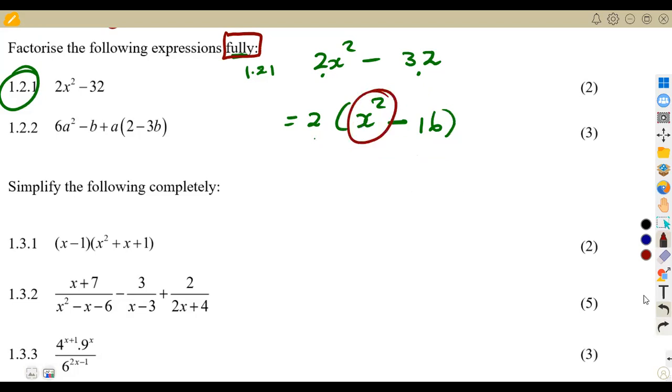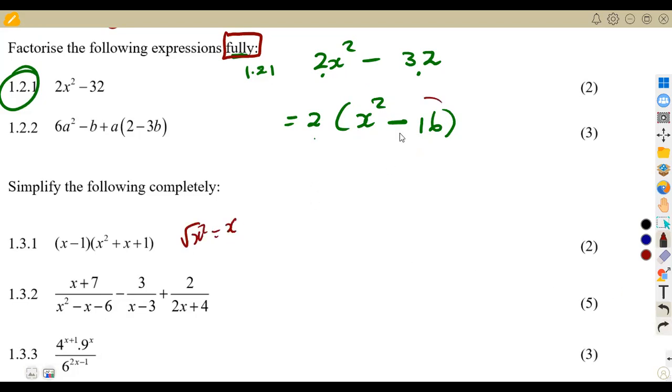X squared is a perfect square, 16 is a perfect square. So whenever you've got a negative in between two terms, that is for a binomial expression, always test for a difference of 2 squares. How do you test? Can I obtain the square root of x squared? Yes, we know that the square root of x squared is what?